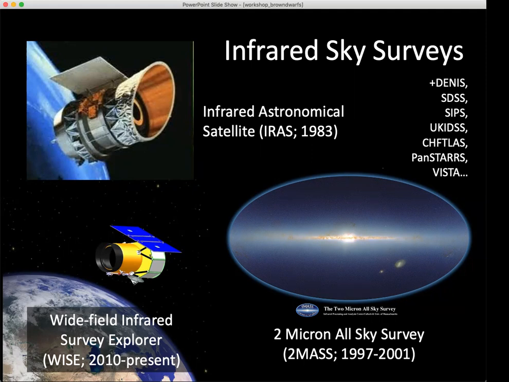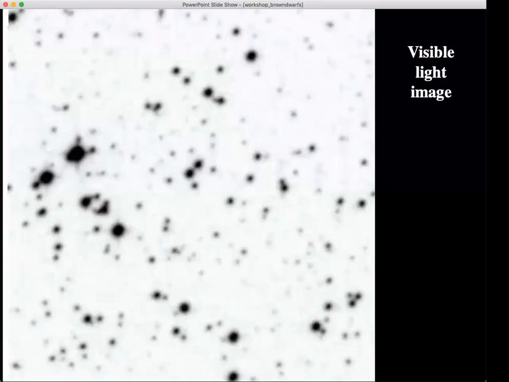And then there's actually a long list of surveys to this day that have used infrared, and that's probably not even a complete list. They've used these infrared detectors to map the sky at wavelengths that are beyond what we can see with our eyes. Right? So again, it gives us a better picture. For us, this is great. For those of us who study cool stars, it's very important because it allows us to study and detect these stars that only glow in the infrared.